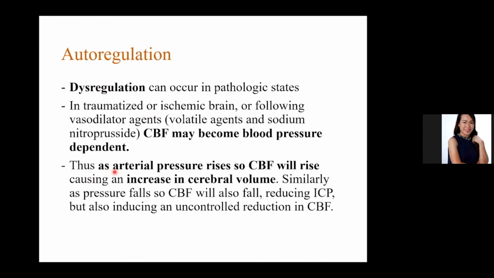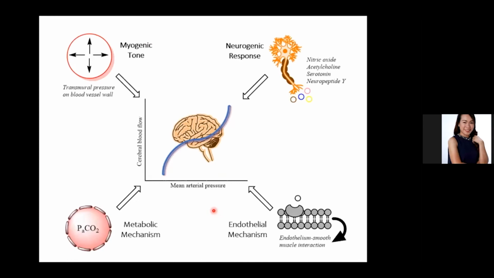As the arterial pressure rises, cerebral blood flow will also increase, causing an increase in cerebral volume. Also, if there is a decrease in blood pressure, cerebral blood flow will also fall. It will reduce intracranial pressure, but also induce an uncontrolled reduction in cerebral blood flow.